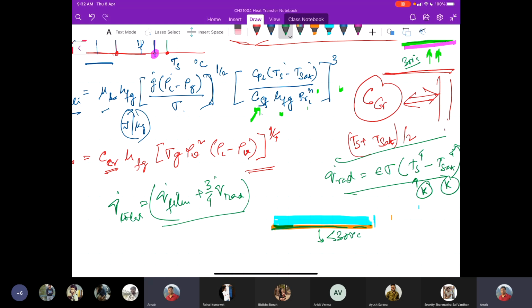There is no bulk motion of the fluid, and whatever motion of the fluid is there is due to natural convection current. So how do you anticipate that I can increase the pool boiling heat transfer rate by this means?